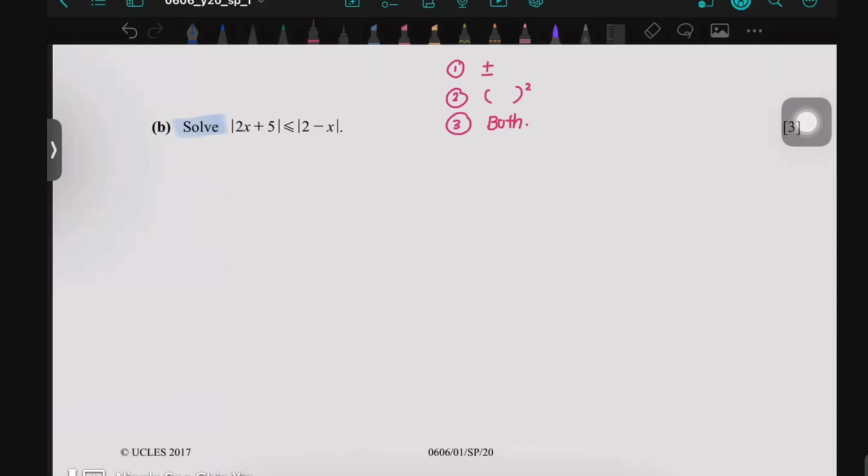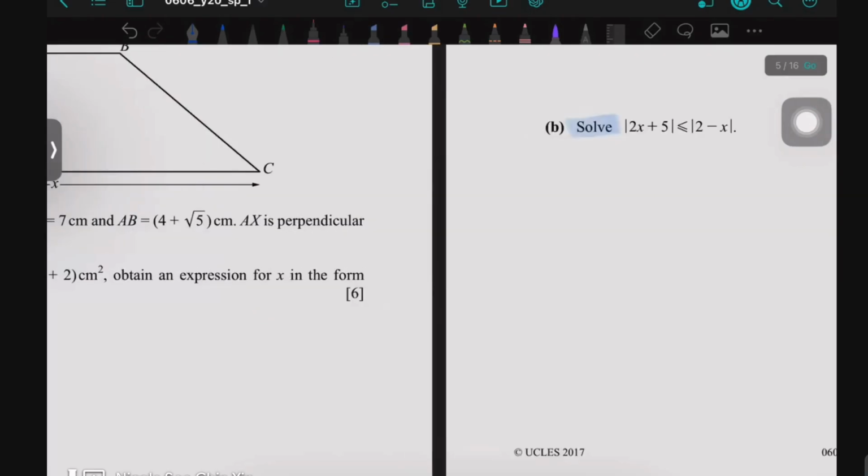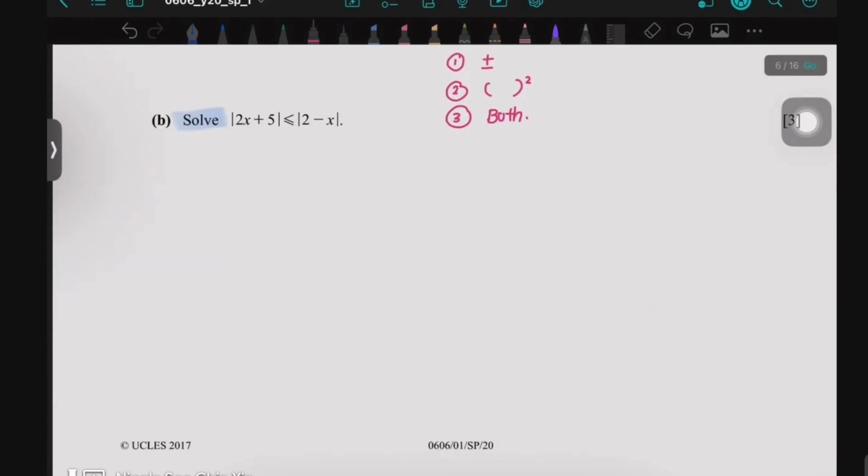I will show both methods, but because of limited space, if I finish the first method, I'm going to erase it. So method 1. What I'm going to do is put 2x plus 5 equals plus and minus bracket 2 minus x.